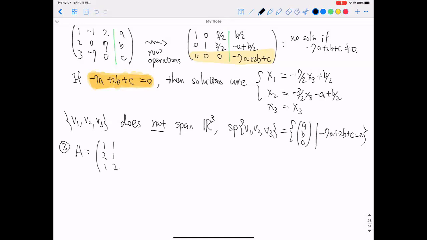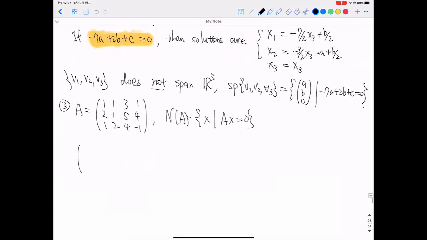We're going to keep doing this example, it seems. In fact, we probably have done this before, but again, for the null space, what we need to do is to solve for AX equals 0.